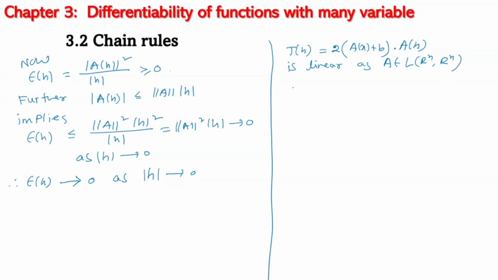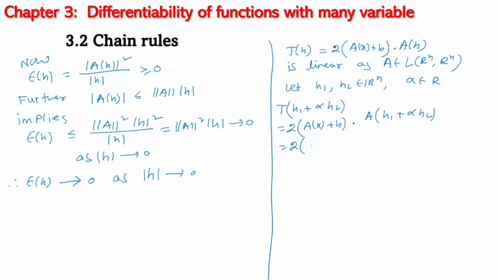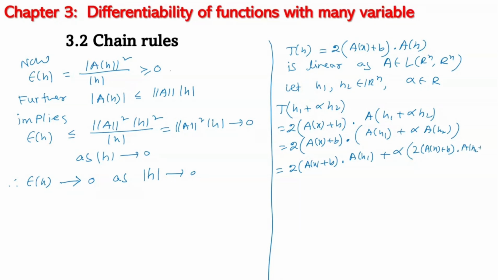But if you want to prove that also, you can take h1, h2 belonging to Rn and alpha belonging to R. Then t of h1 plus alpha h2 is equal to 2 (ax plus b) dot a(h1 plus alpha h2), which we can write as a h1 plus alpha a h2 because a is linear. By the distributive property of the dot product, this is 2 (ax plus b) dot a h1 plus alpha times 2 (ax plus b) dot a h2.